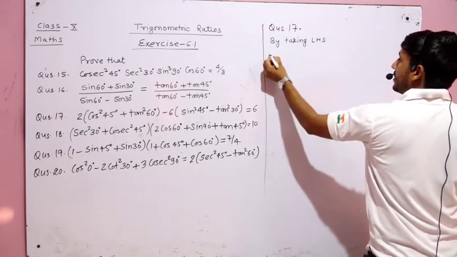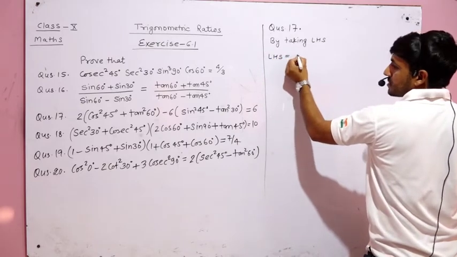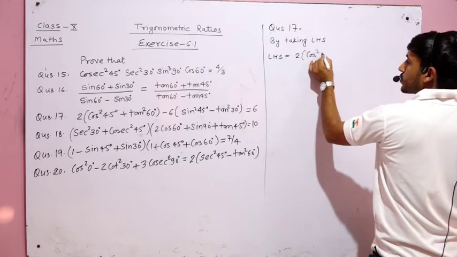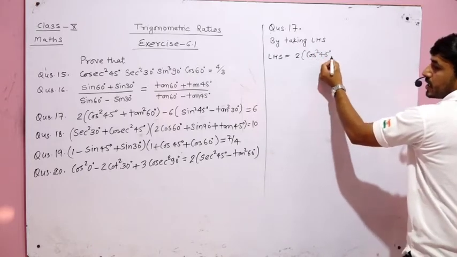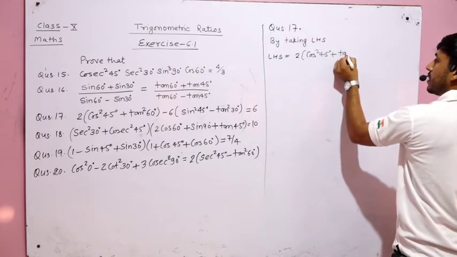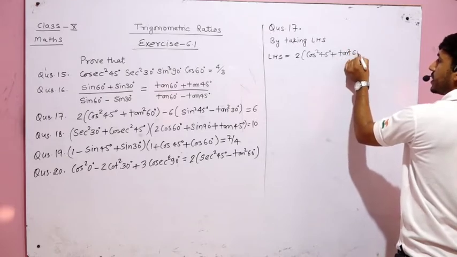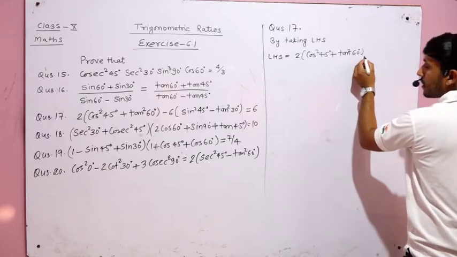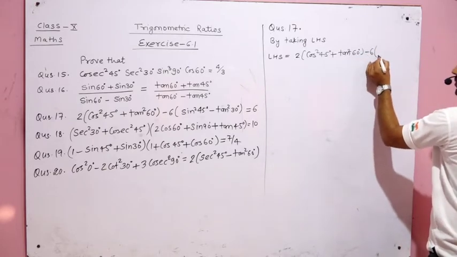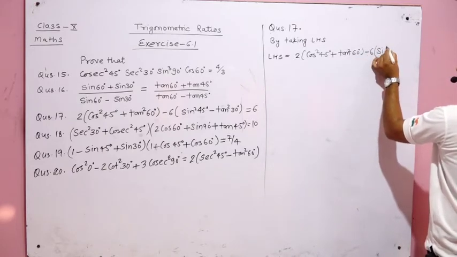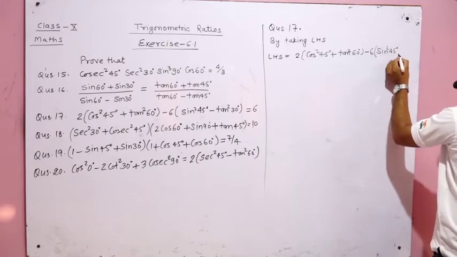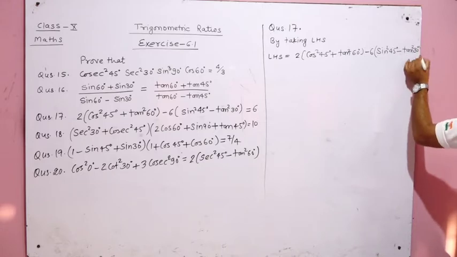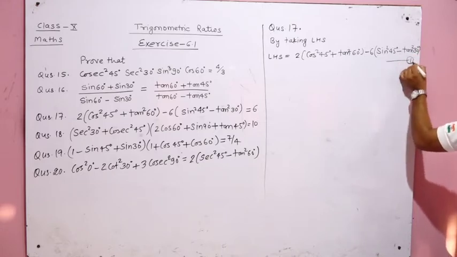LHS is equal to 2 into cosec square 45 degree plus tan square 60 degree, minus 6 into sine square 45 degree minus tan square 30 degree. That is given. Equation number 1.